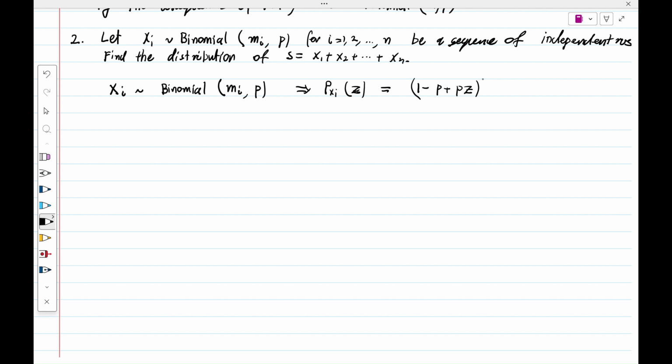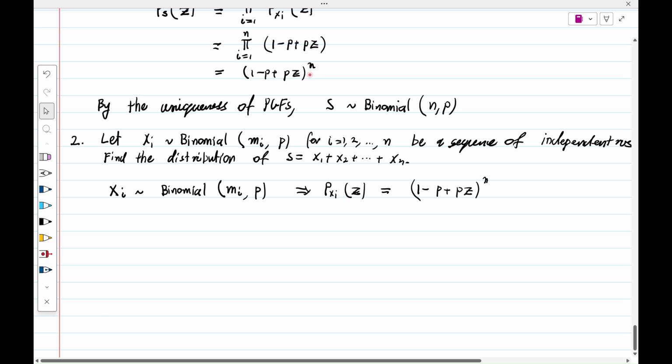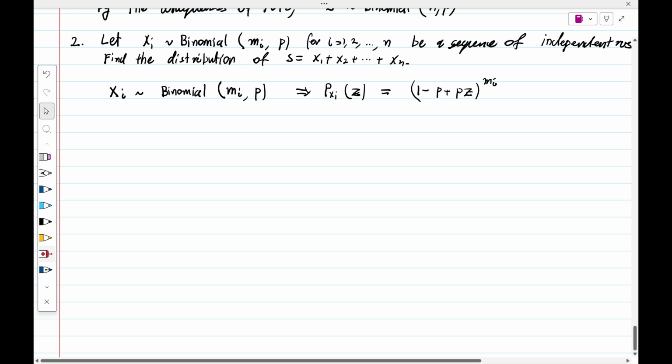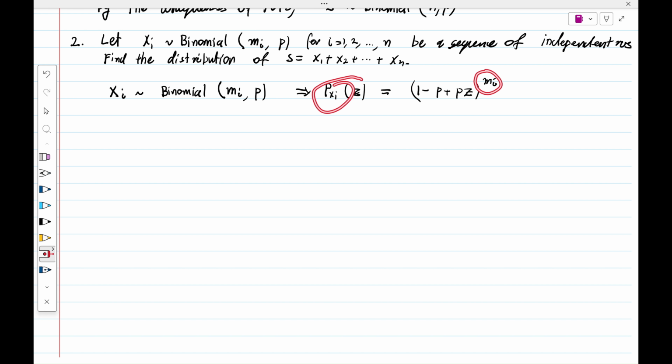Now, before, it was the power n, for a binomial distribution with parameter n. But now we have parameter mi, so this needs to be mi inside the power, to denote that each Xi doesn't necessarily have the same PGF. They have a different PGF dependent on this power.